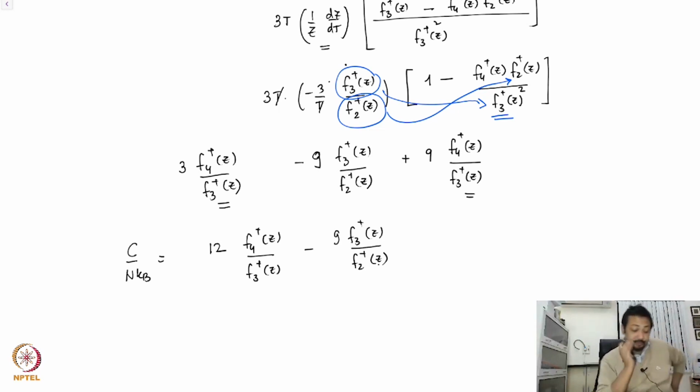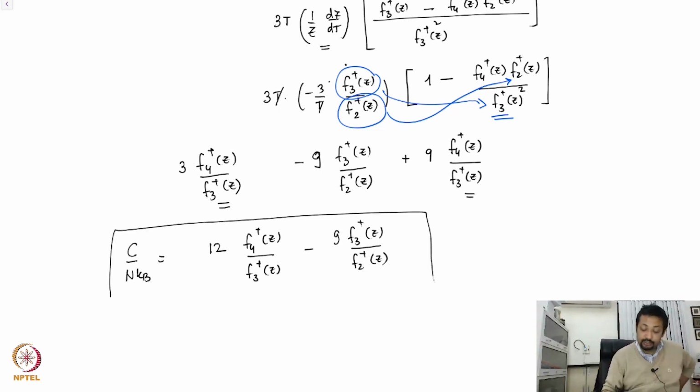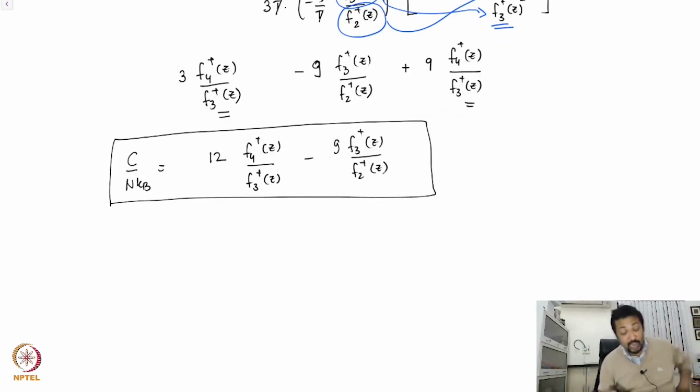Question is, this looks very nice. Now we have got to check whether we have arrived at the right expression. For that, the first thing to look at is the high temperature limit.